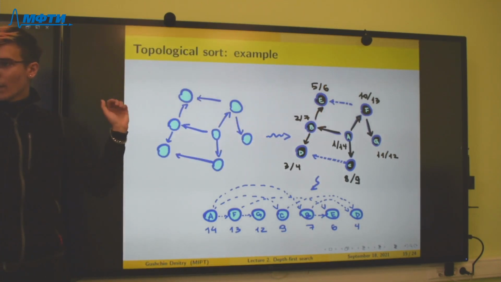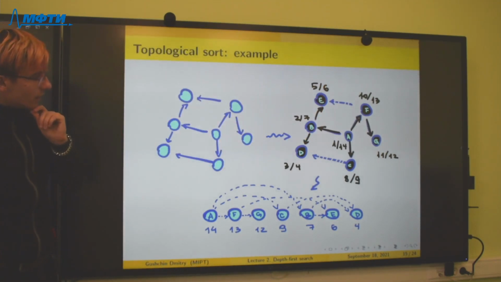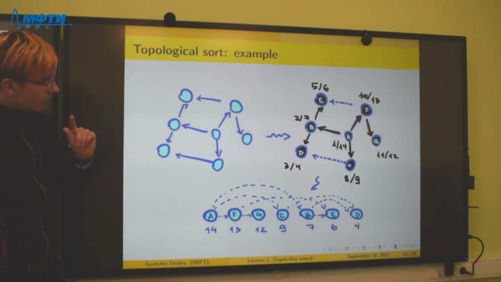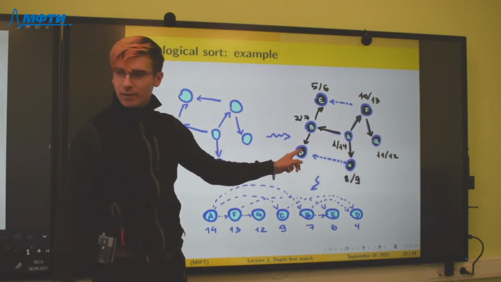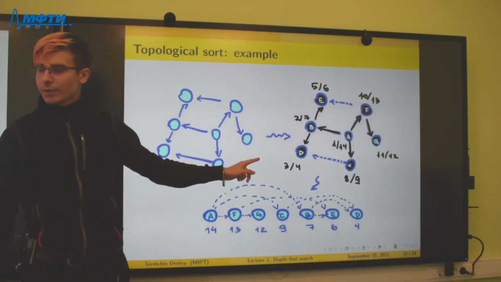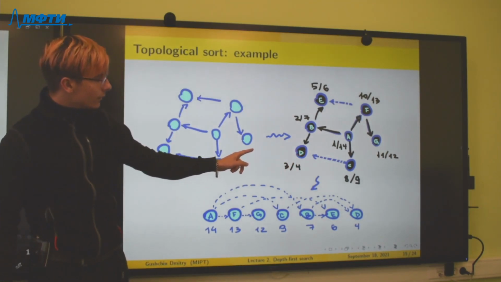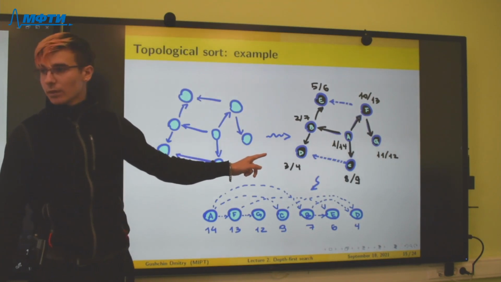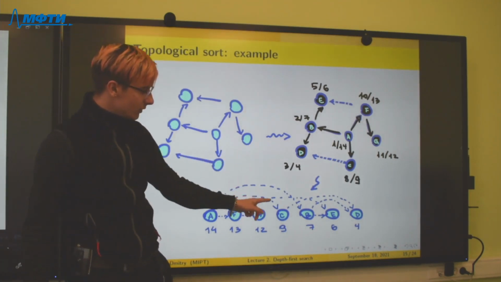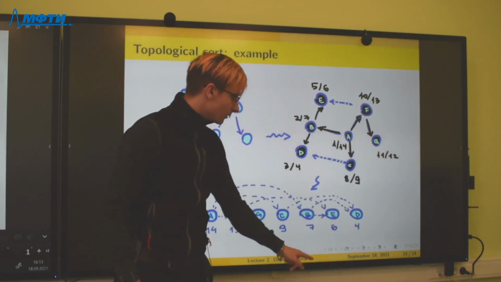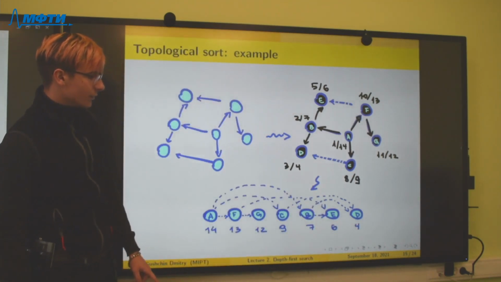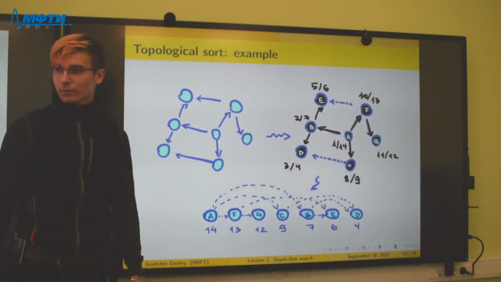And then we see, for example, when we end with D, it is the first vertex that we finished with. We push it into the list, and it has the smallest order in our numeration.